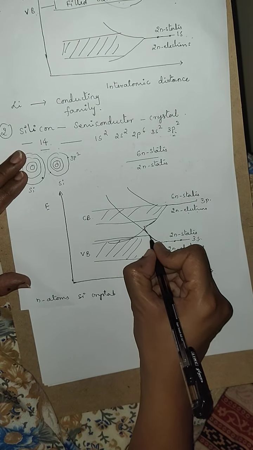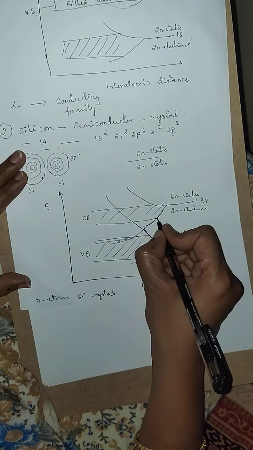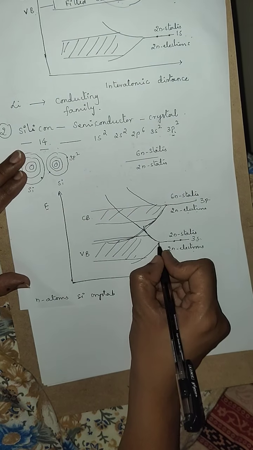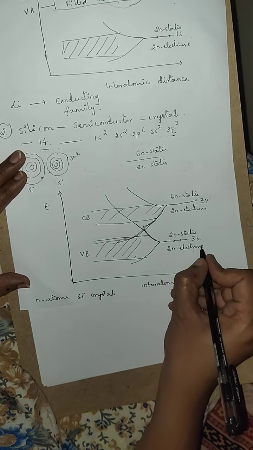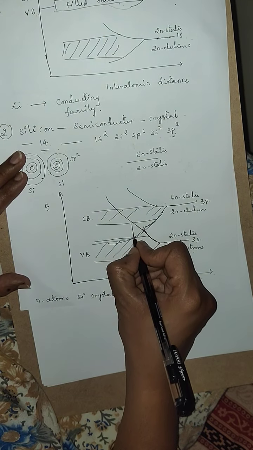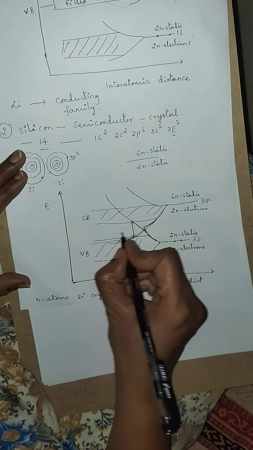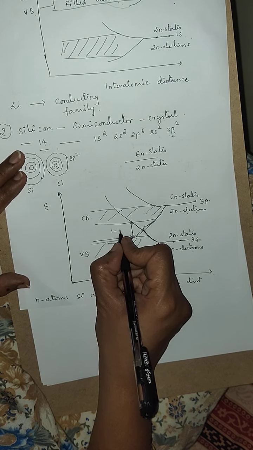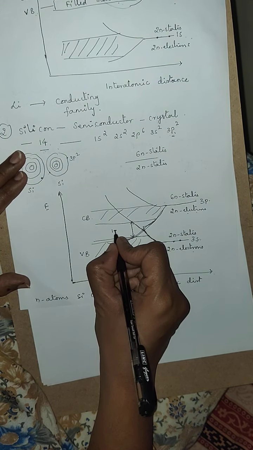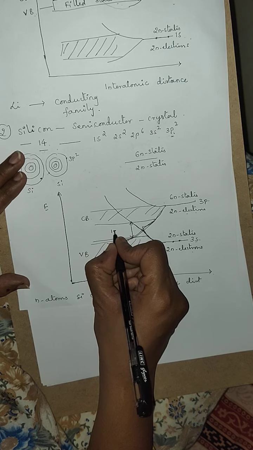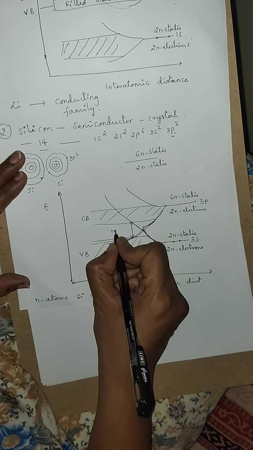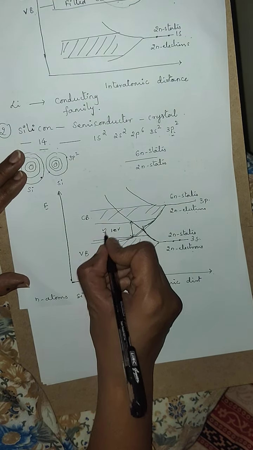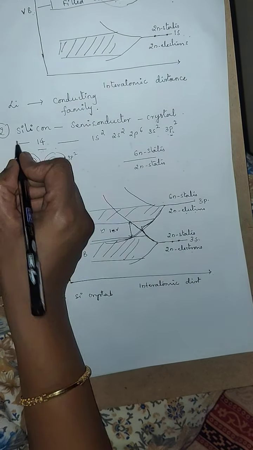The gap between the lower band of the 3p level and the upper band of the 3s level is of the order of 1 to a maximum of 3 electron volt. So this may be somewhere near 1.02 or something. So this is nearly equal to 1 electron volt in case of silicon.